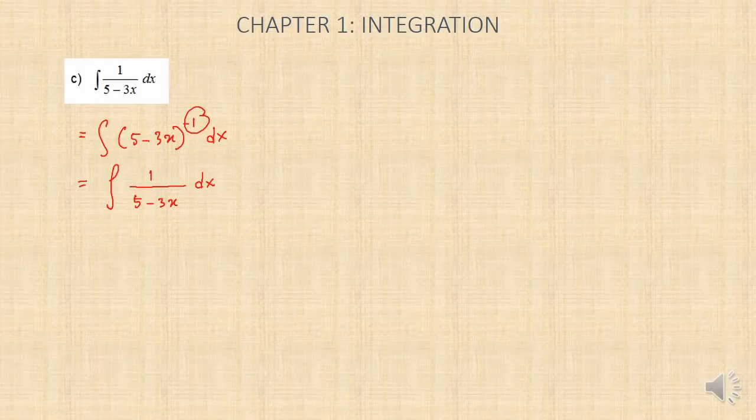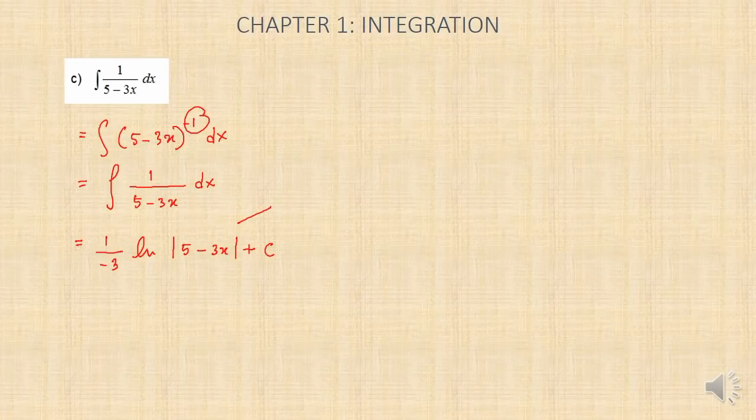So we're going to have 1 over -3 ln 5 minus 3x plus c.